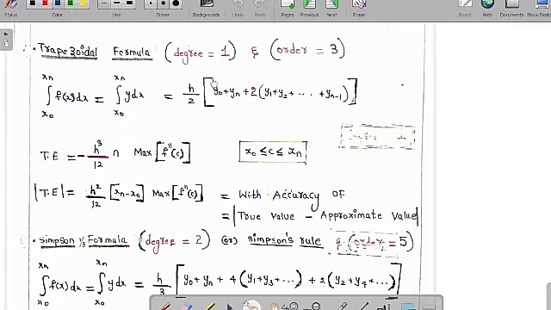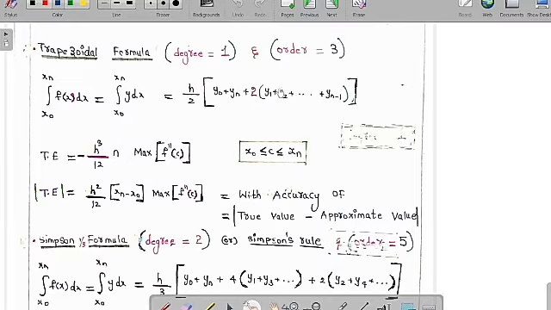Always take the first y value and the last y value, plus 2 times the remaining coordinates between y0 and yn. You have to take all of these. Then you get the integration from x0 to xn of f of x dx equal to h by 2 into (y0 plus yn plus 2 times the remaining coordinate values).